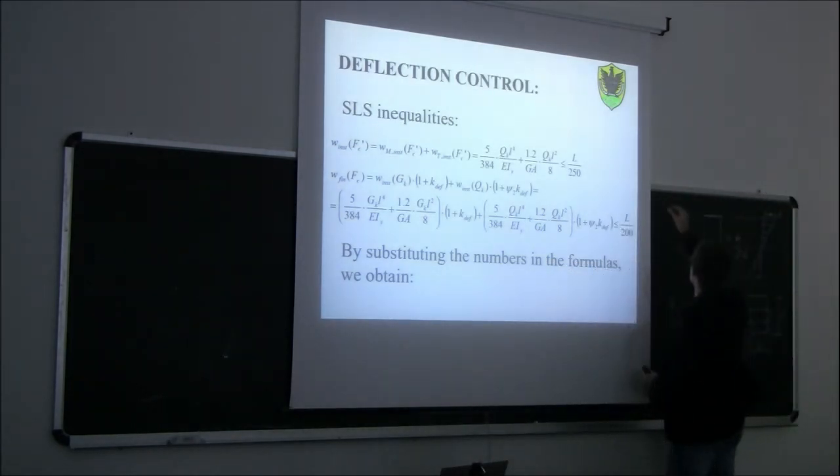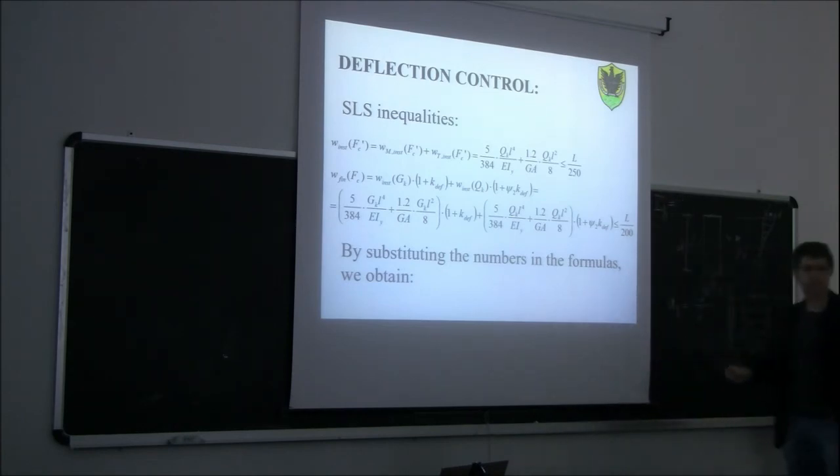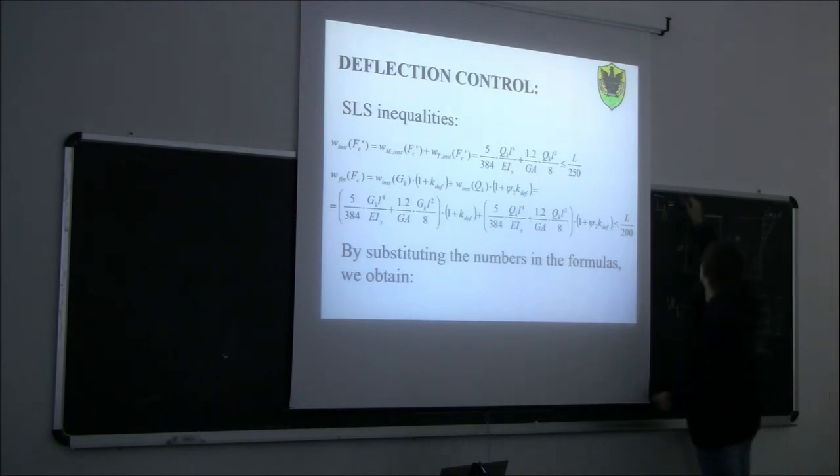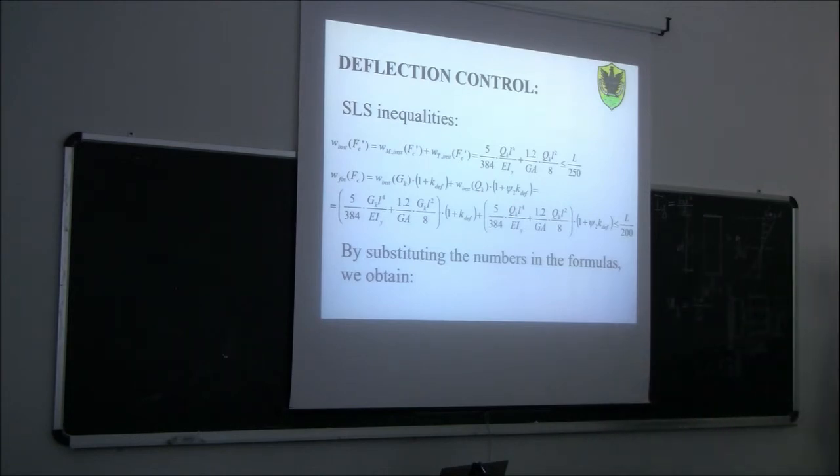Can you tell me the formula of Iy for a rectangular cross section? Second moment of area of a rectangular cross section around Y is b d cubed divided by 12. Right?